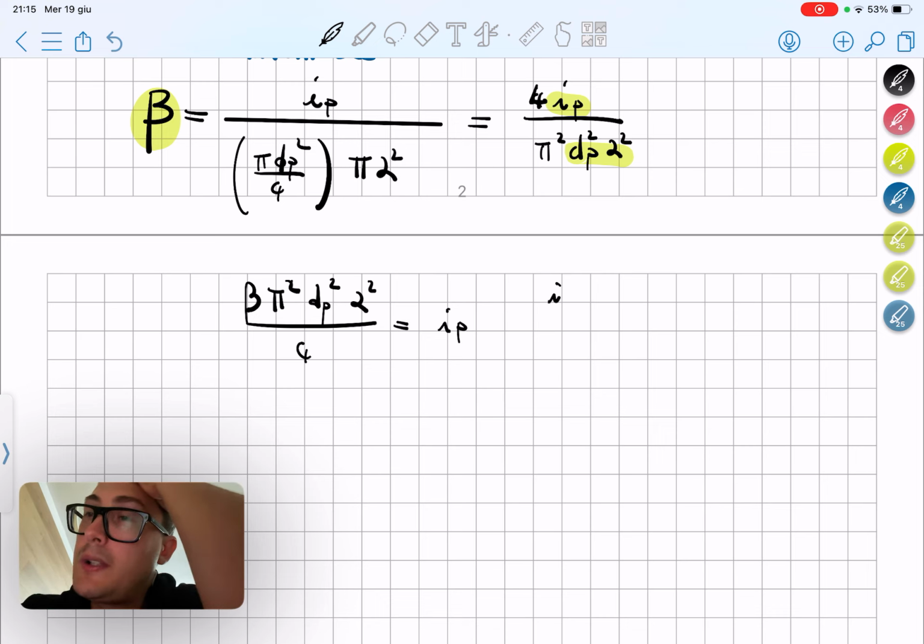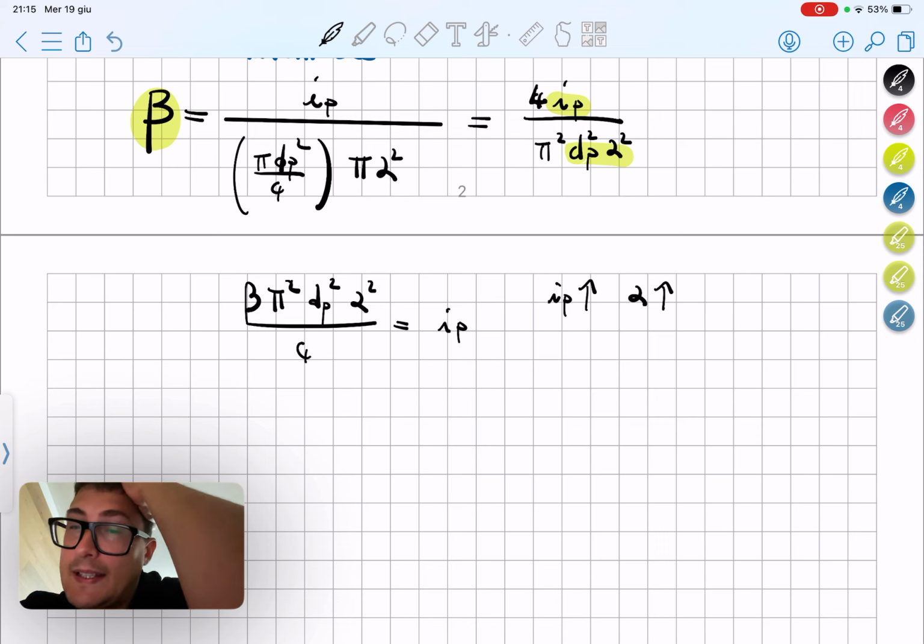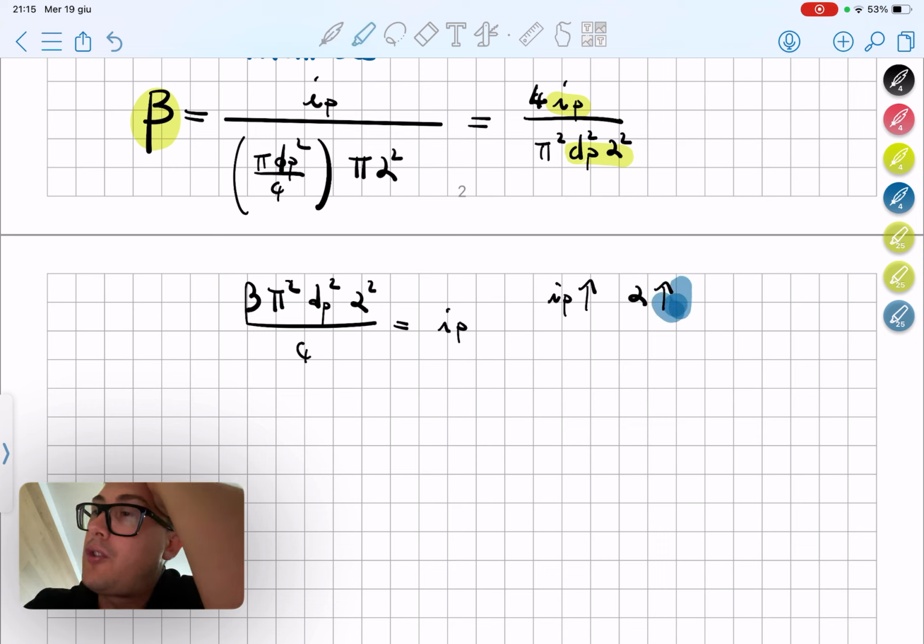We could increase the current, increasing at the same time the convergence angle, but as anticipated, we want to keep this convergence angle lower, actually, not bigger. And if it were not for aberration, we could do that.